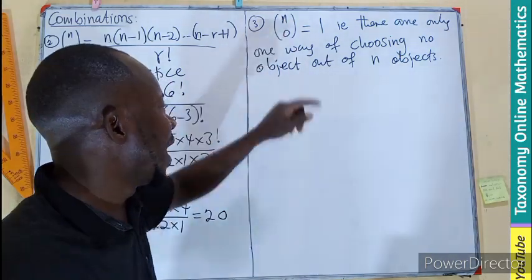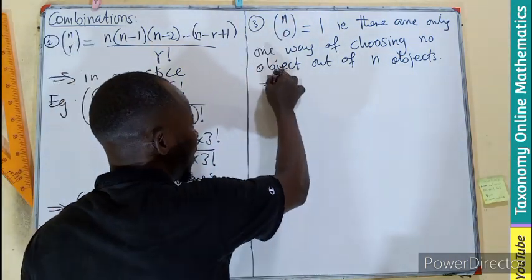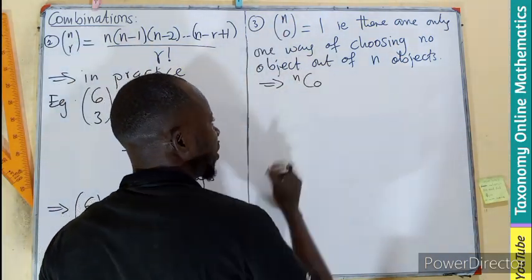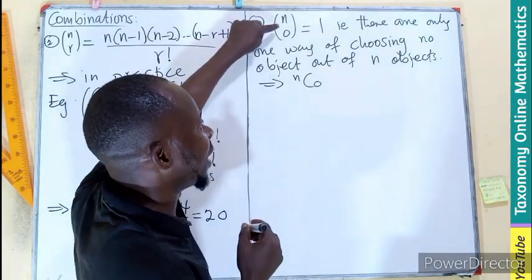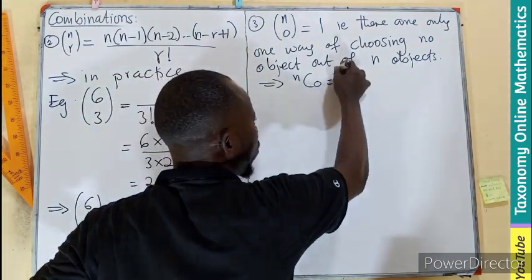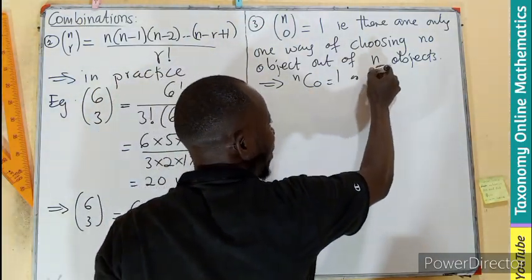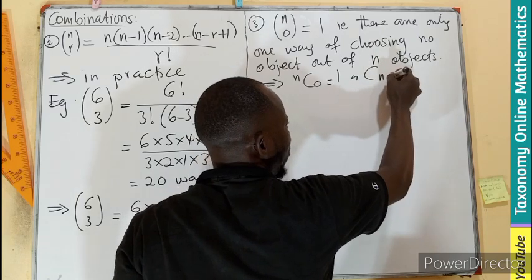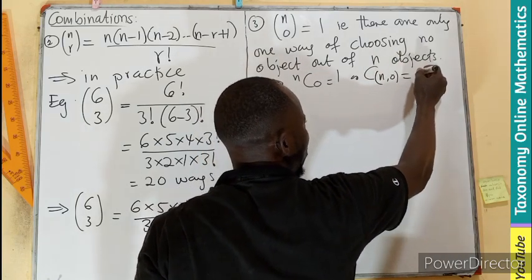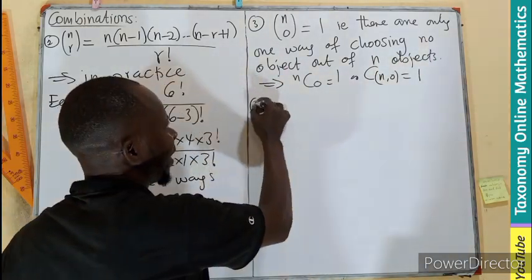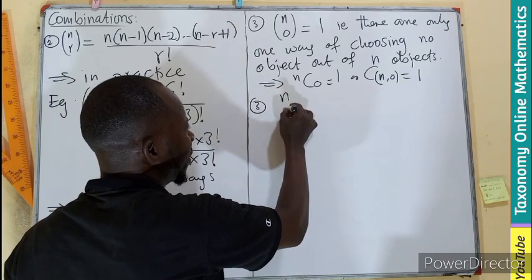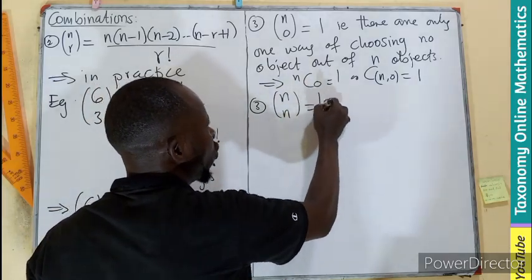So if we have n combination n, this is also the same as n combination 0, which is the explanation here. You get what? 1. Or if you have it to be n combination 0, it is still going to be 1. Then number 3, we have n combination n, will also give you 1.